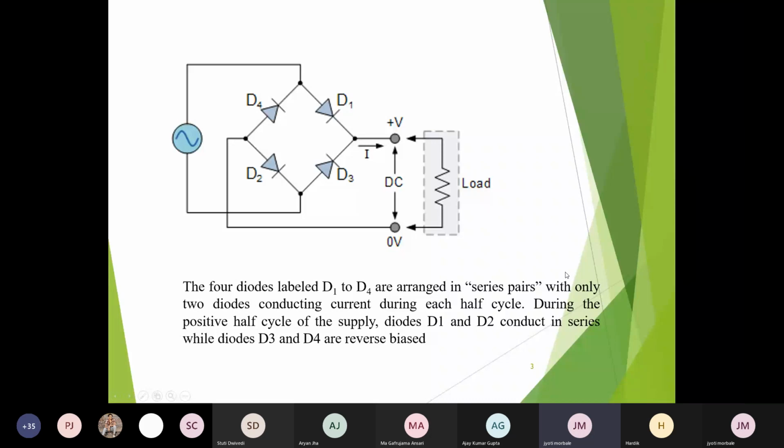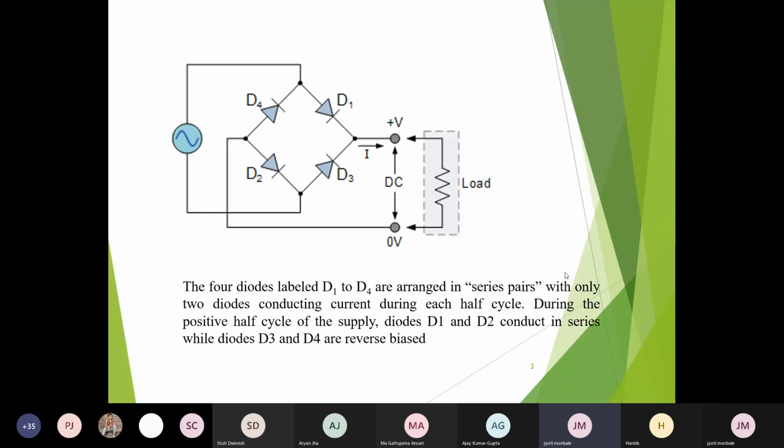Now look at this circuit diagram which is in front of you on slide number 3. So diode D1, look at the connections, how they are made. Diode D1, the anode upper side में connected है.